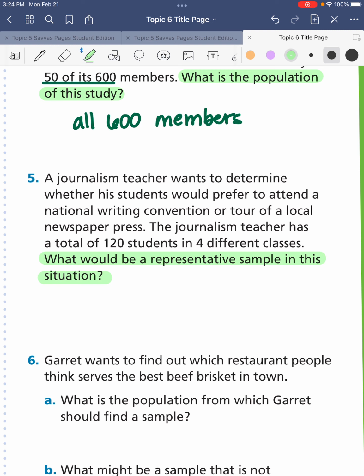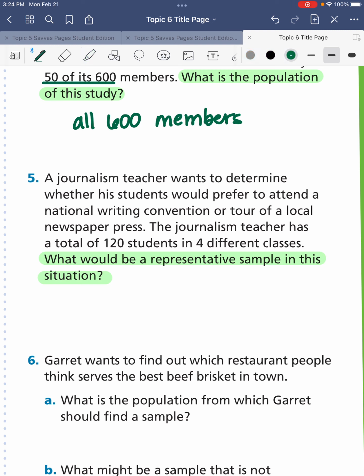So what the teacher could do is put names of all 120 students in a hat and randomly select names to create a random sample. That would work. The teacher could assign each student a number and use a random number generator to create a sample. There are different ways that he can do it. But as long as he has students from each class represented in his sample, then that will be a randomly selected sample. And if all 120 students have an equal chance of being selected, then that is also a randomly selected sample.